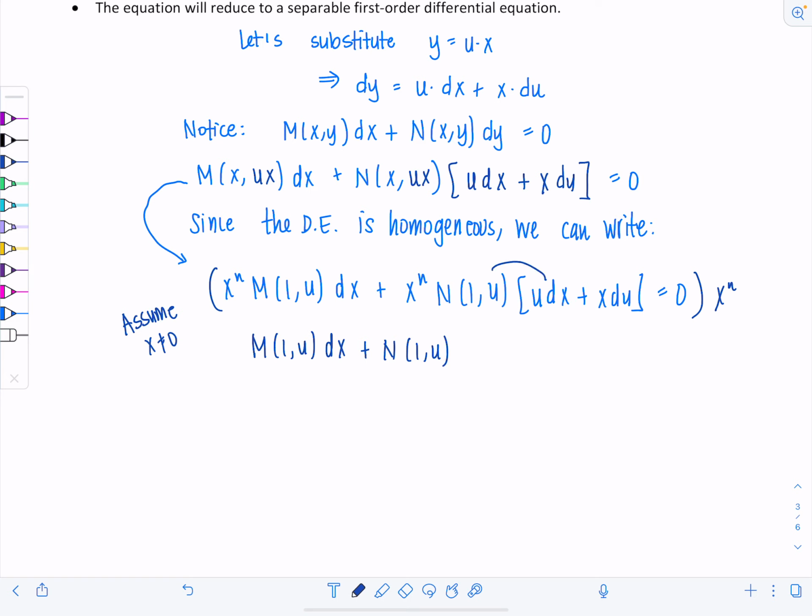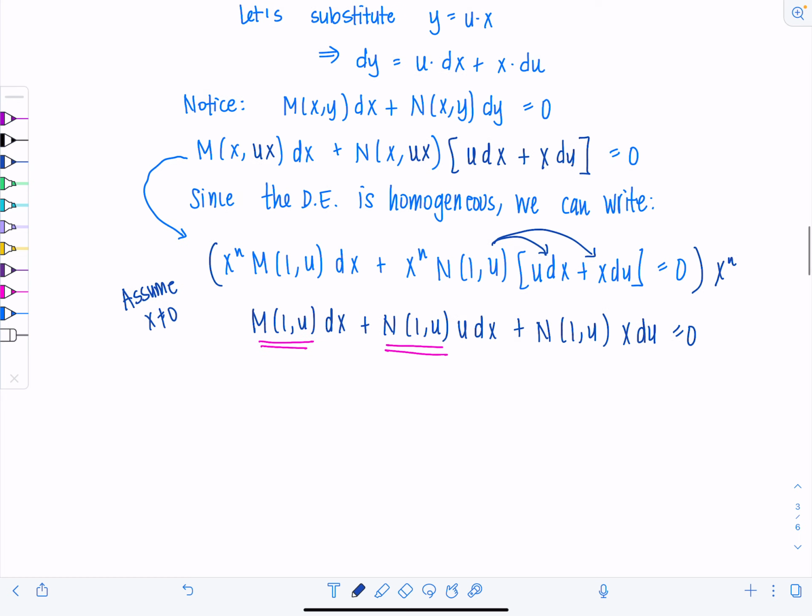And then let's just go ahead and distribute while we're at it. We can handle it. M of 1 comma u times dx plus n of 1 comma u times x du equals 0. Now what I want to do is group the terms that have dx's together.